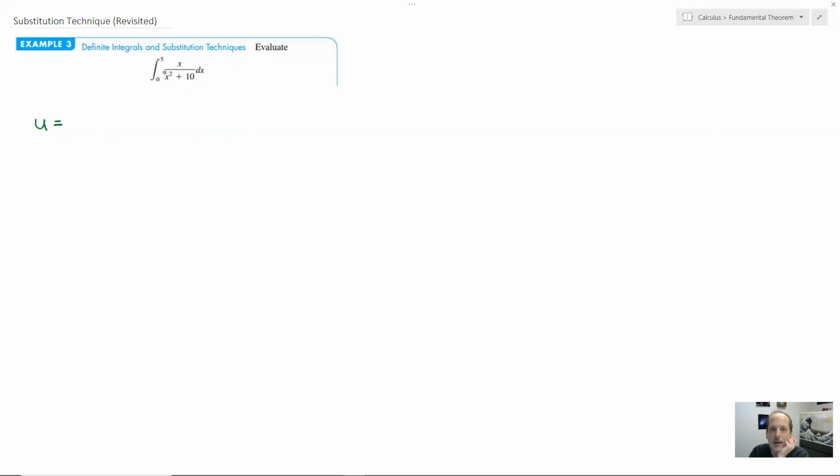Okay. Hopefully you're thinking of this portion here because it's the expression that's at the highest degree of the variable. So I'm going to go with x squared plus 10.